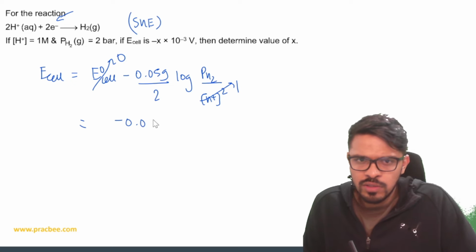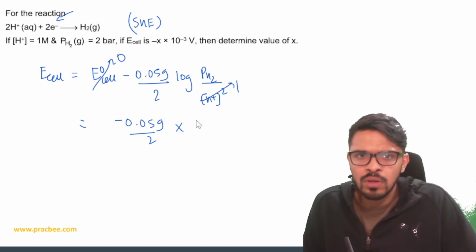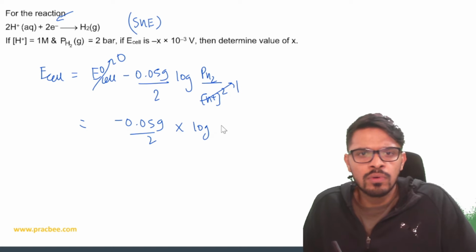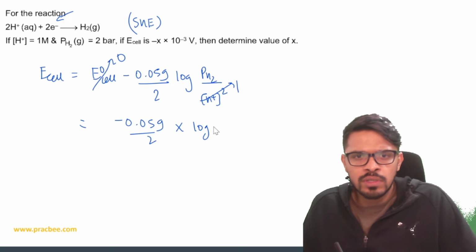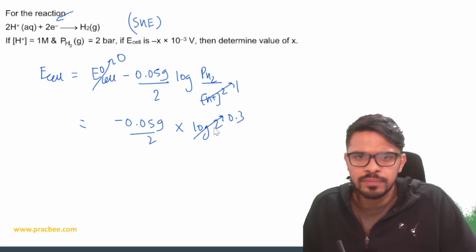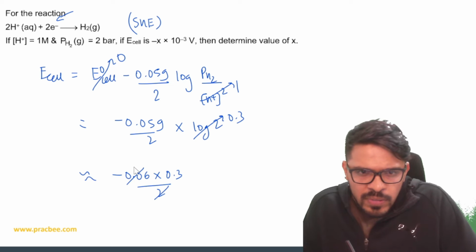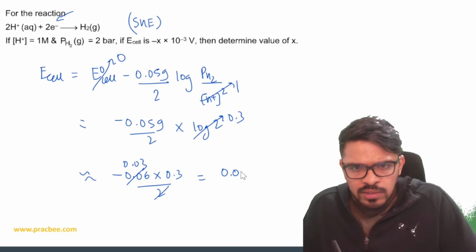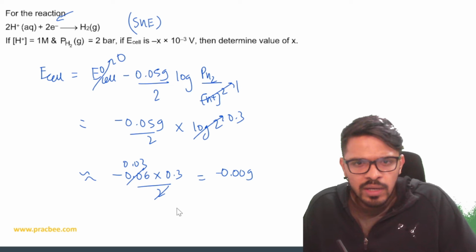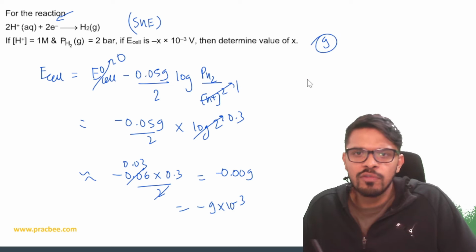So this is minus 0.059 by 2 log of partial pressure, which is 2, so log 2 is 0.3. So approximately, this is minus 0.06 into 0.3 by 2. This is 0.03, so 0.009, I guess, right? So it is minus 9 into 10 to the power minus 3. The value of X is 9.